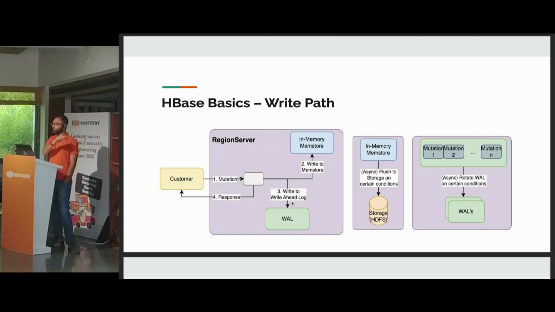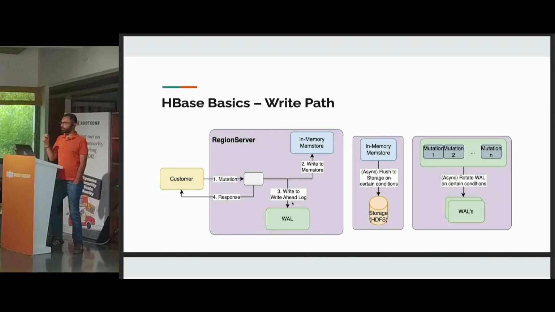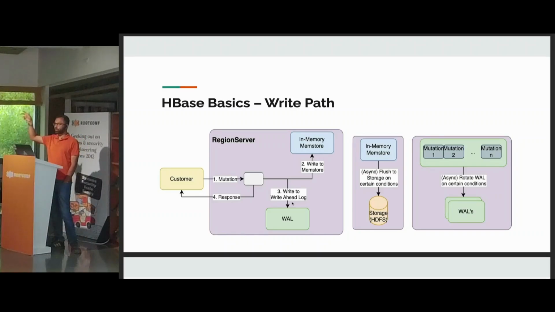That means you don't have to search for where the data is, just append the change as it is to an append only file log, and then you write it to memory. Since memory is faster, you improve the write efficiency. That's how HBase works. And this write ahead log is used for recoveries in case of a disaster.